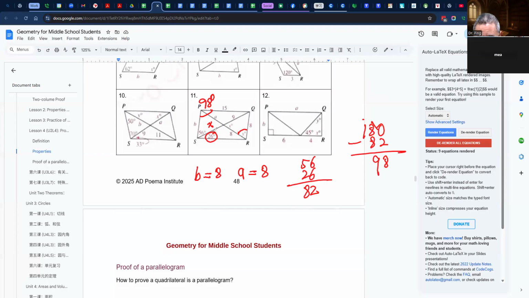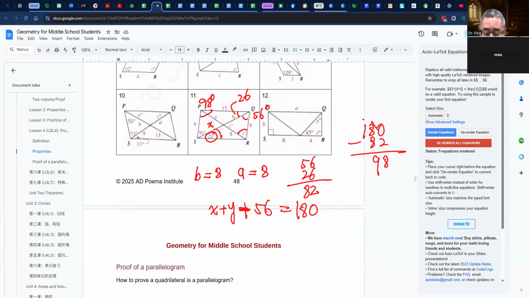So now we have 26 here. That means this side is also 26. And of course, this side will be 56. Okay. And so now we can see X plus Y plus this angle plus 56 is 180. So we got one equation set up.